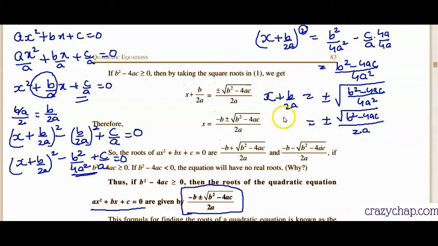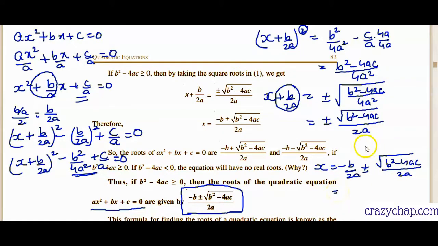And then this plus b over 2a will bring to the right side. See how we shall get? It will become negative b over 2a. So negative b over 2a plus minus square root b square minus 4ac all over 2a, right? And combining them, the same denominator is there.